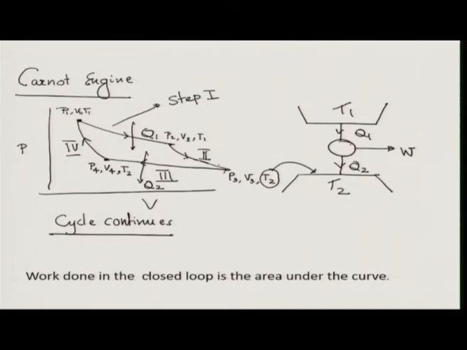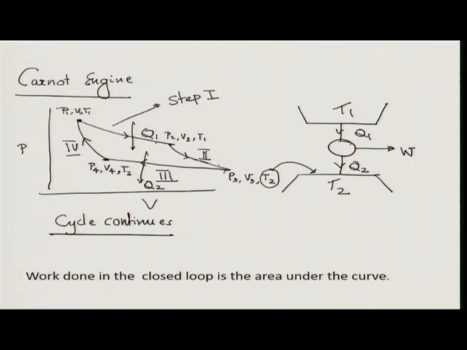Okay. So, you see, we started with P1, V1, T1 in equilibrium with the hot reservoir, then there is an expansion followed by an adiabatic process which takes the temperature to T2, which is the temperature of the cold reservoir. Then I allow a compression which brings it to the volume V4, then one more adiabatic process, okay, and then finally an adiabatic process brings me back to P1, V1, T1.